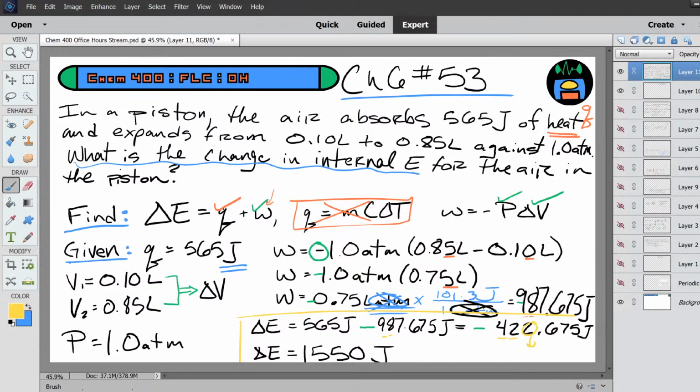This 2 will round down, so our change in internal energy is a negative 420 joules. How about that as a correct answer? All right, that is the correct answer. So that is how you tackle Chapter 6, number 53.